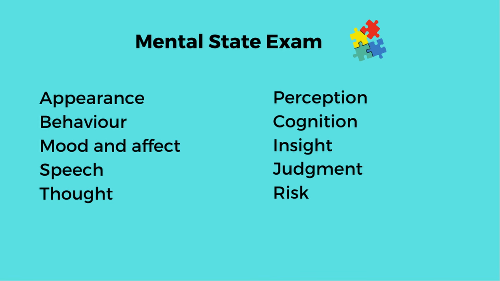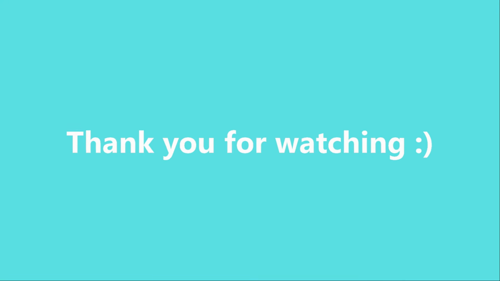We evaluate the patient's speech, the thought process, the content of their thoughts, whether they have any delusions, overvalued ideas, or any phobias or obsessions. Then we assess whether they have any perceptual disorders such as hallucinations. We check the patient's cognition, the insight, the judgment, and we do a risk assessment to complete the mental state examination.